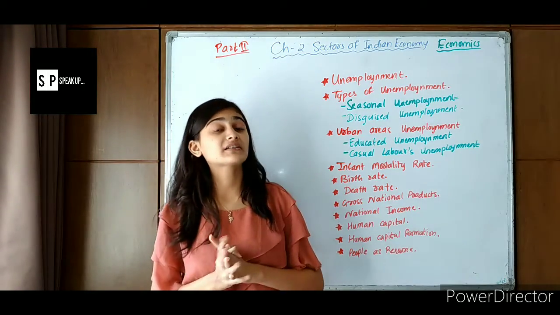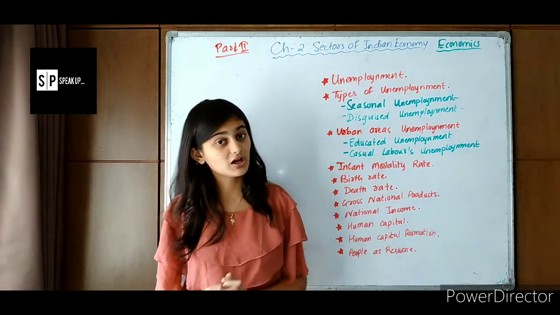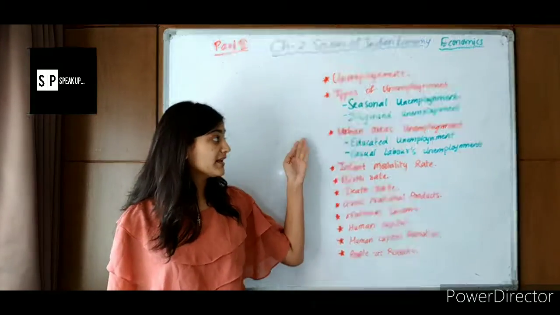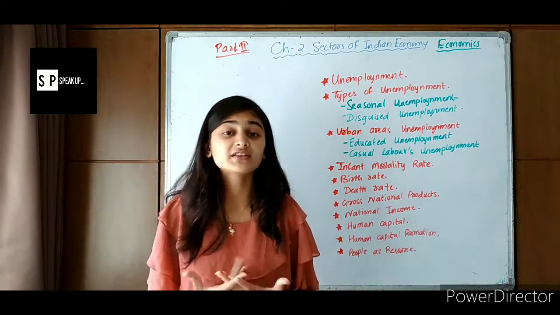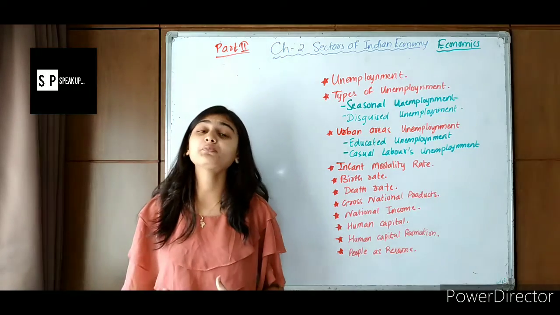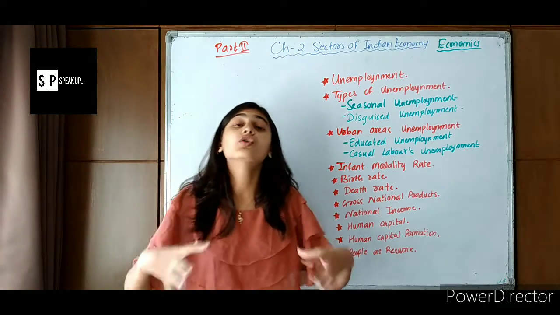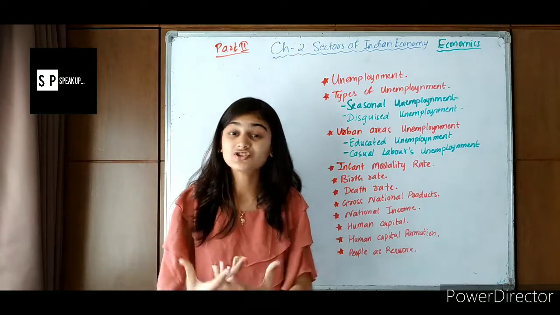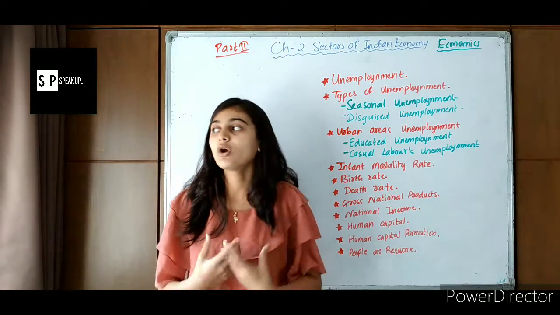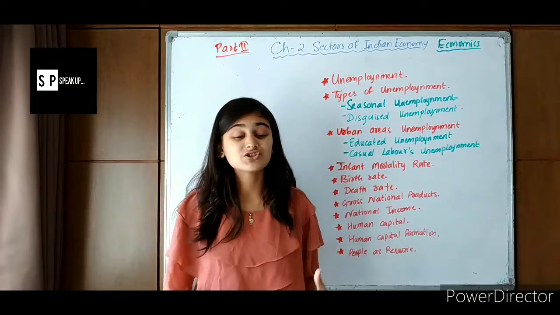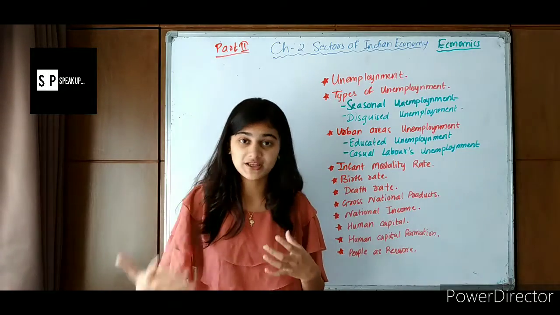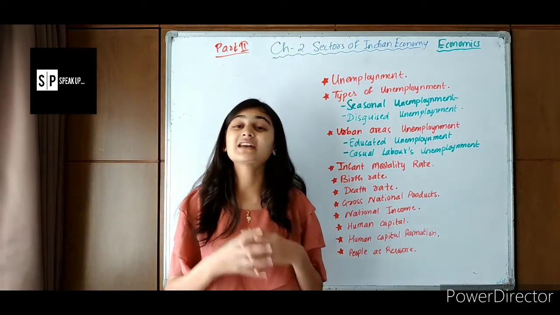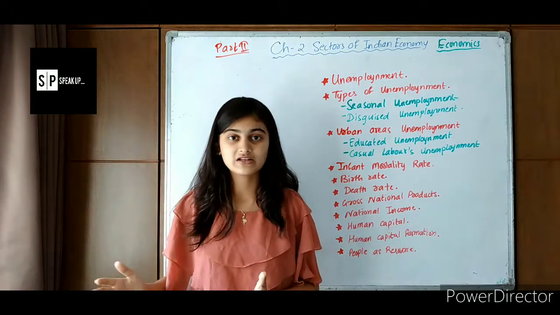Now let's see what kinds of unemployment are present in urban areas. In urban areas, mostly there is educated unemployment. In educated unemployment as well, there are matriculates and graduates, with more being graduates rather than matriculates. Graduates are those who have passed their college, and matriculates are those who have passed 12th standard.